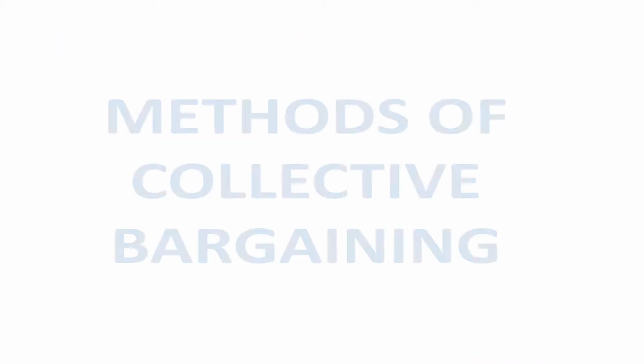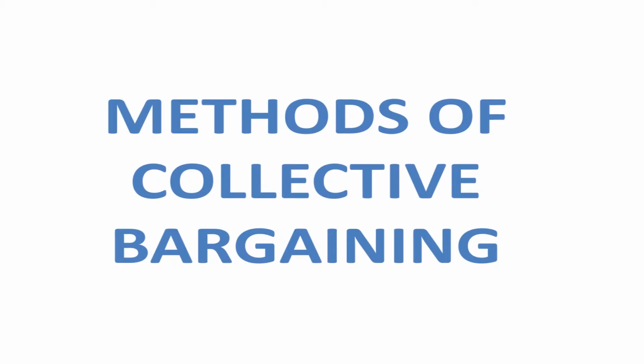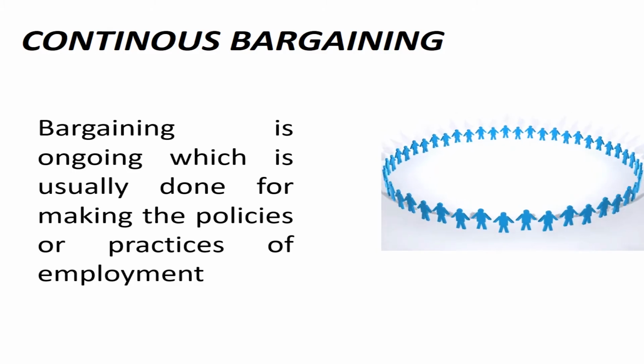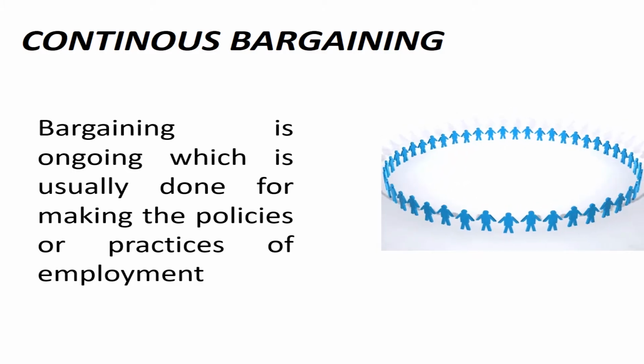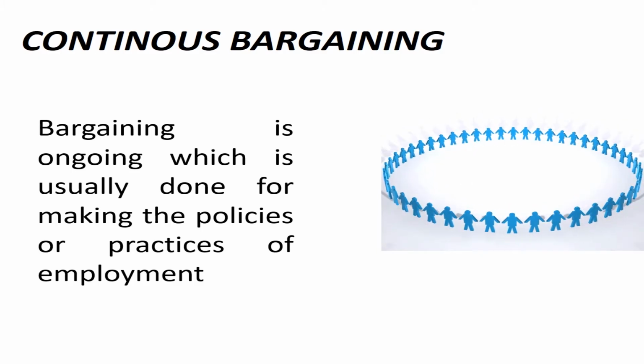Moving on to the methods of collective bargaining. Broadly speaking, there are two main methods of bargaining. First method is continuous bargaining. As the very name suggests, such bargaining between employees and employers is on a continuous basis, where bargaining is ongoing, which is usually done for making the policies or practices of employment.